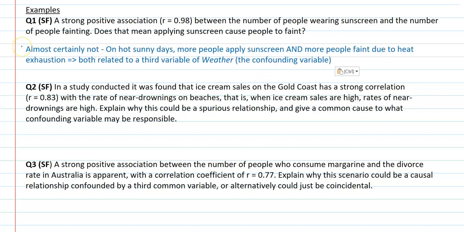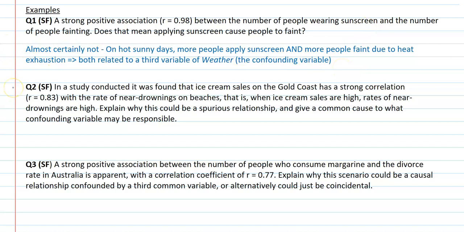So we can say almost certainly not. On hot sunny days, more people apply sunscreen and more people faint due to heat exhaustion. So both are related to a third confounding variable, hot weather, being the cause for both the increase in people wearing sunscreen and people fainting.